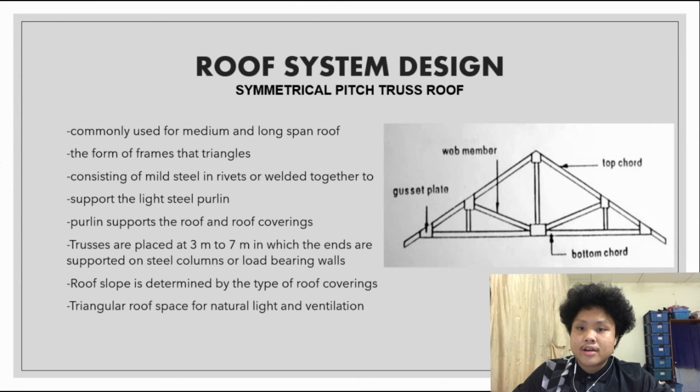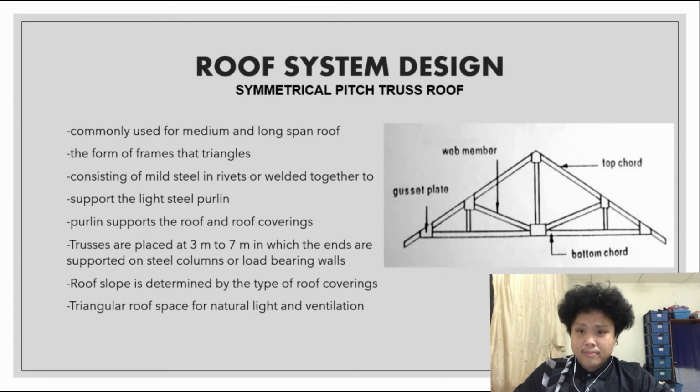Purlins support the roof and roof covering. Trusses are placed at 3 meters to 7 meters and are supported on steel columns or load-bearing walls. Roof slope is determined by the type of roof covering. The triangular roof space allows for natural light and ventilation.